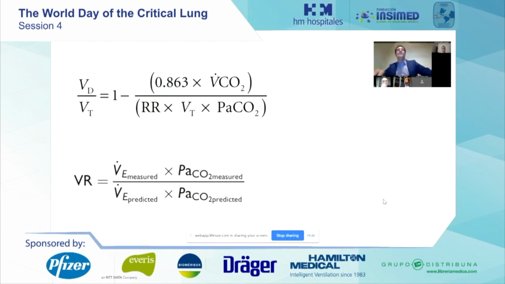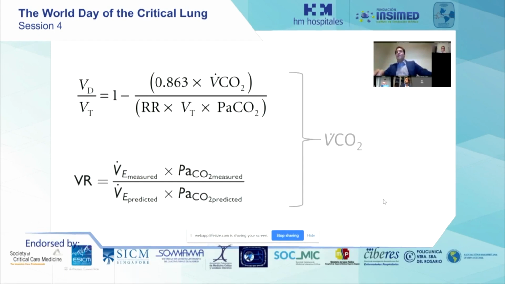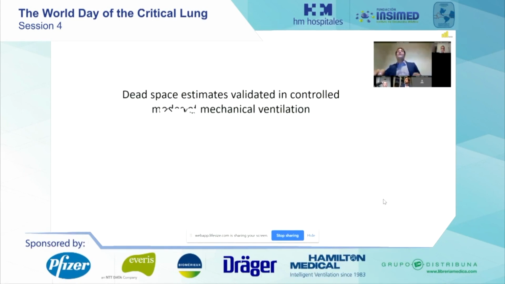However, it's worth noting that these estimates, the VD/VT estimates and the VR, depend on the production of carbon dioxide, which is an important factor for CO2 homeostasis in the critically ill patient, and therefore impacts any measurement of impaired ventilation. Moreover, these estimates are validated only in controlled modes of mechanical ventilation.